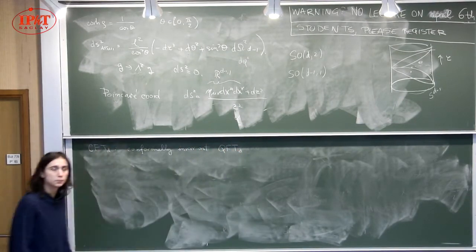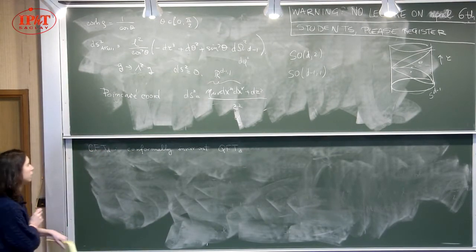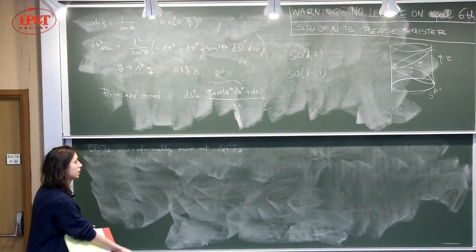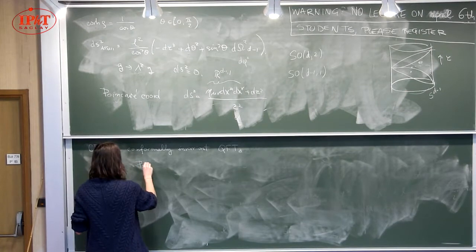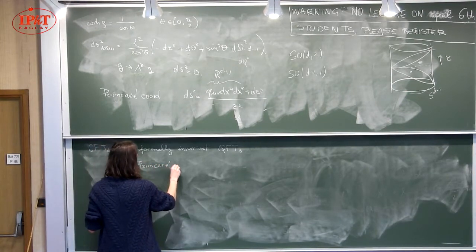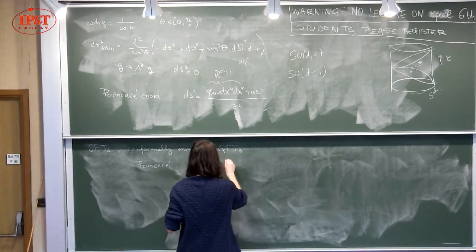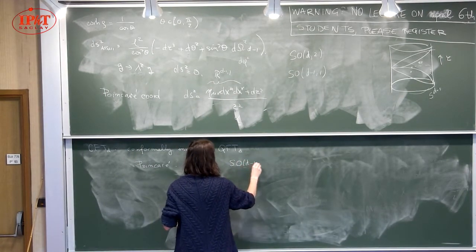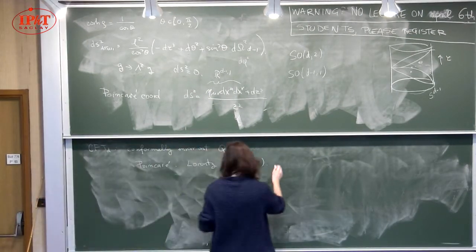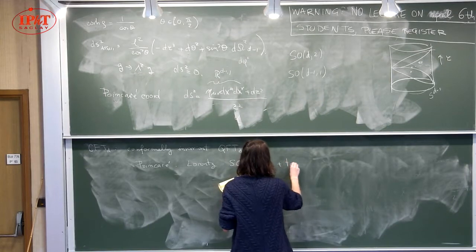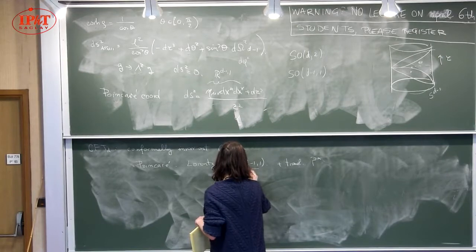What does it mean that the QFT is conformally invariant? First of all, it's Poincaré invariant. So I have the Lorentz group, SO(p-1,1), plus translations, the P_mu. Let me call the generators of Lorentz M_mu nu.